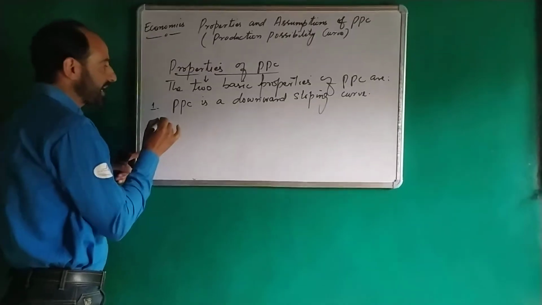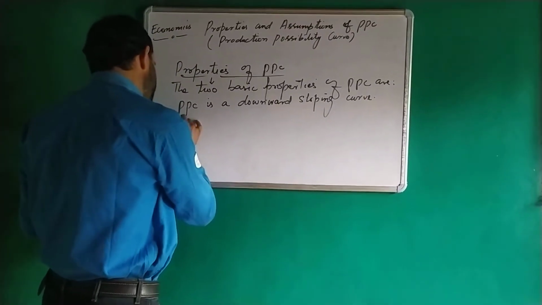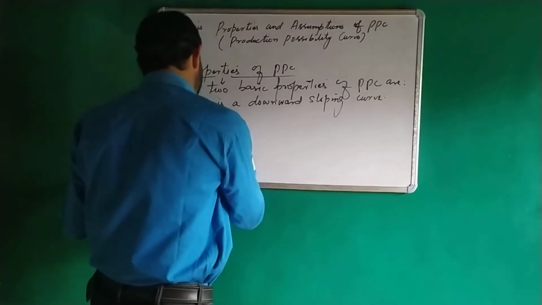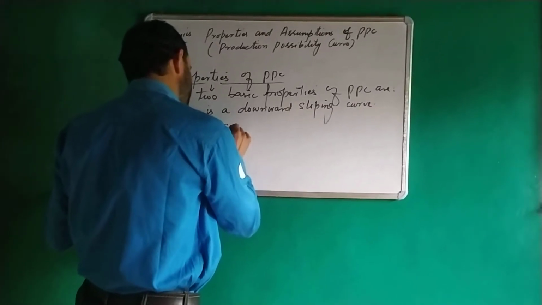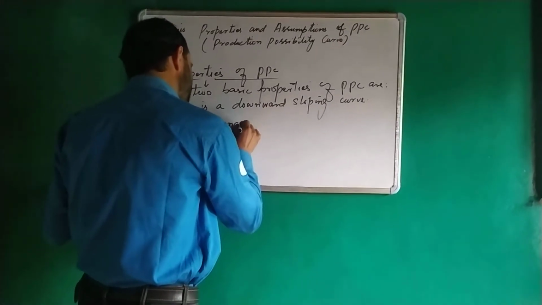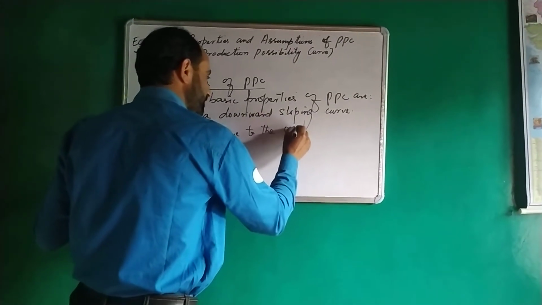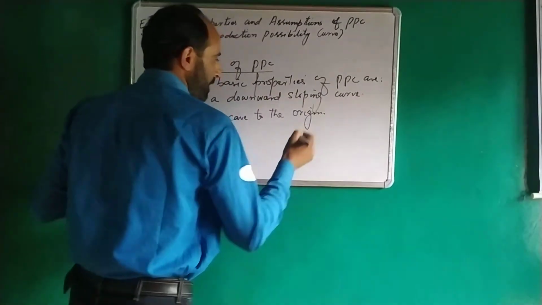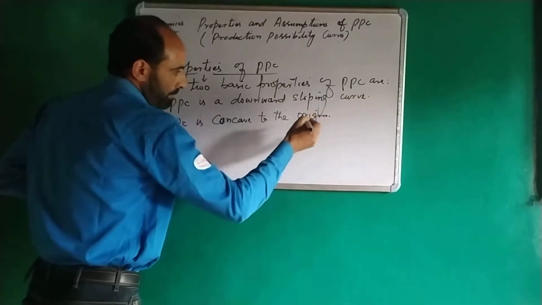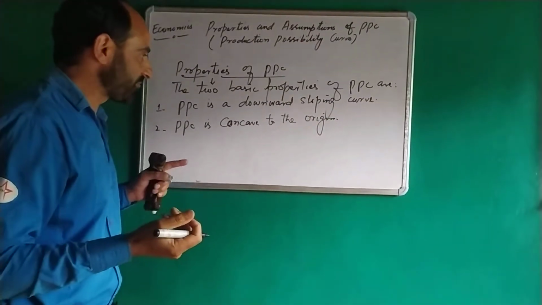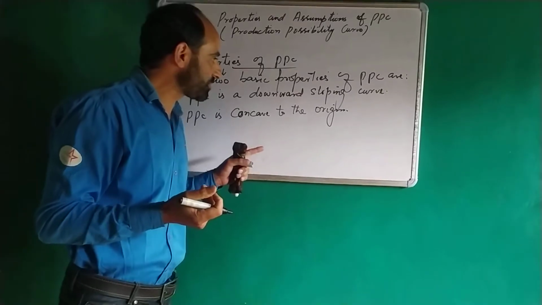Now there is the second property. PPC is concave to the origin. Why is this PPC concave to the origin?